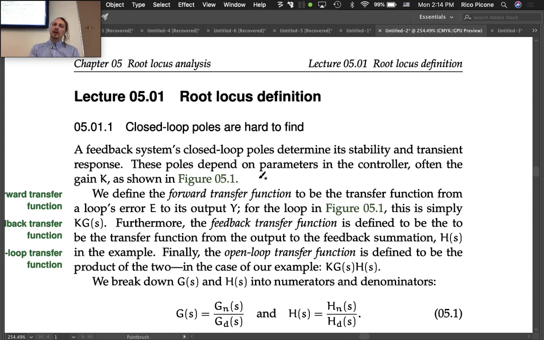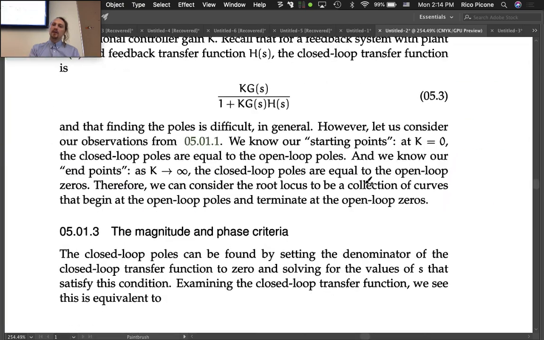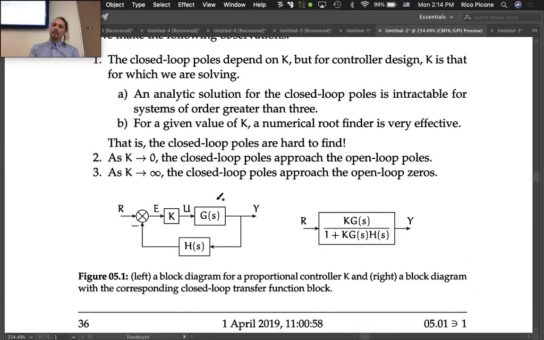So the closed loop poles depend on parameters in the controller, often the gain K. So if we've got this feedback block diagram here, then if we look at the closed loop transfer function, R is the command, Y is the output. The gain shows up as a factor in the poles in the closed loop transfer function. We find the poles in the closed loop transfer function by setting the denominator equal to 0, right? And K's in there.